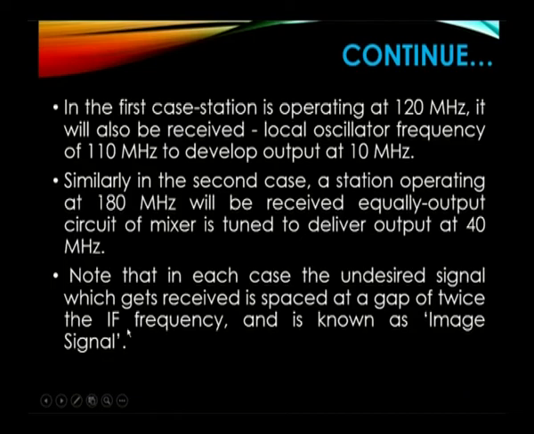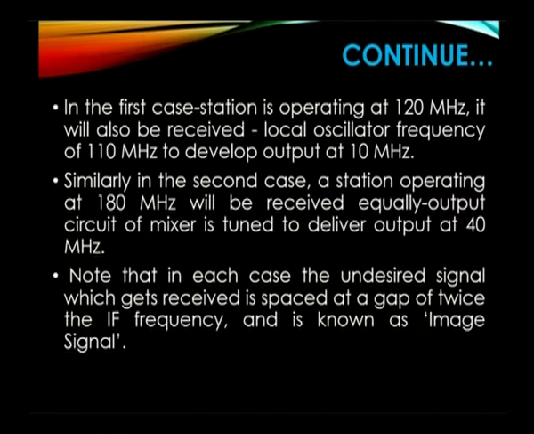In each case the undesired signal which gets received is spaced at a gap of twice the intermediate frequency, and that is known as the signal image.